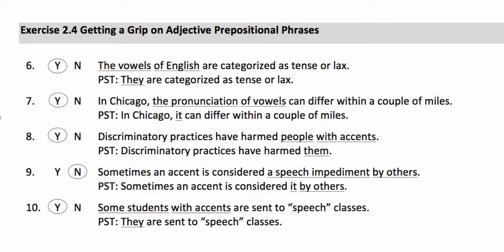So in number 6, "of English" is the prepositional phrase, but we are trying to answer whether it is adjectival or not. So, the vowels of English. Because we use the pronoun substitution test and say "they are categorized," everything is removed with the pronoun substitution test, it must be adjectival.